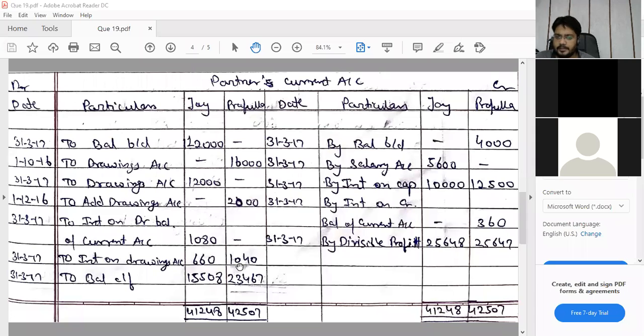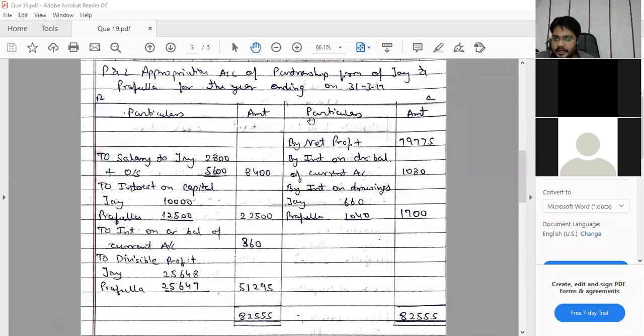One effect debit, another effect appropriation credit. So write on the credit side of appropriation account, by interest on drawings of J 660, of Prafulla 1,040. So total will be 1,700. So this is how the second adjustment, the most important adjustment, is completed.